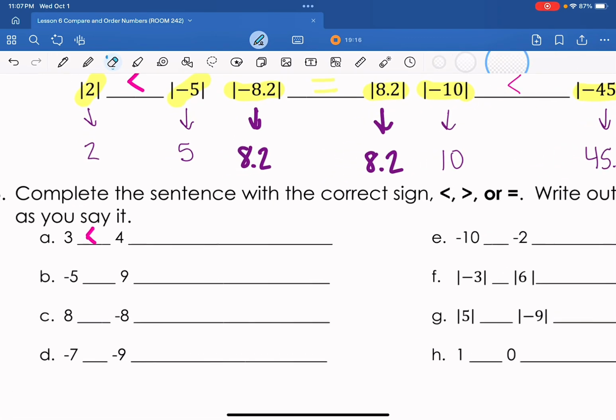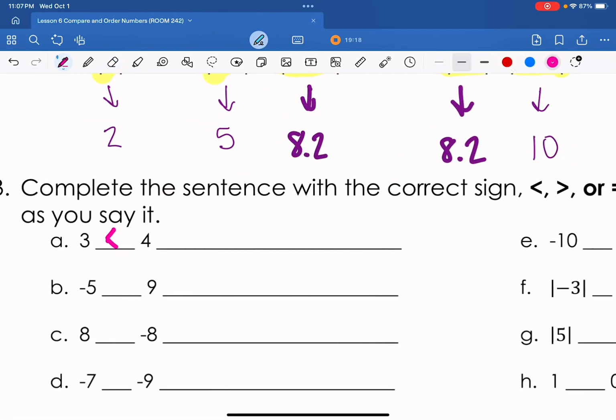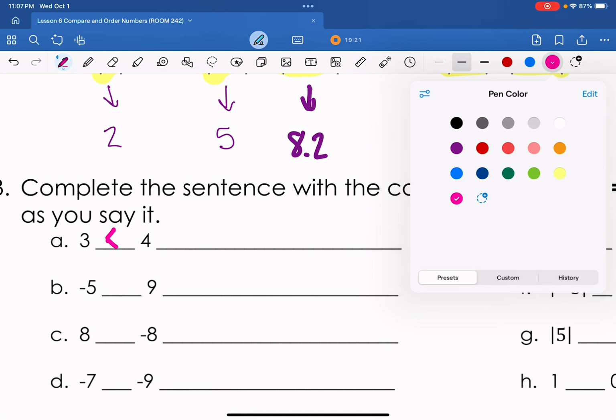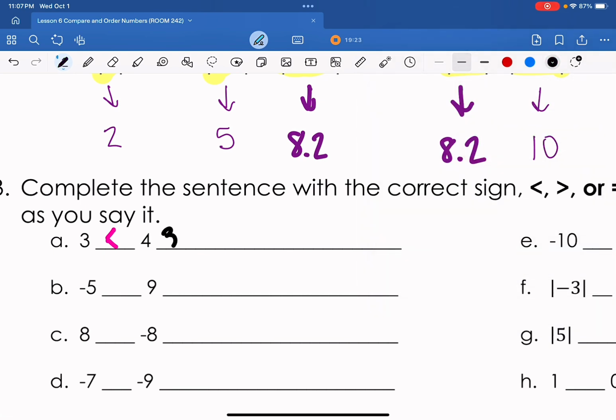So to write that in words, you would say 3 is less than 4. Right? Because if we're speaking it out loud, that's how we would say it. All right, next we have -5 and 9.